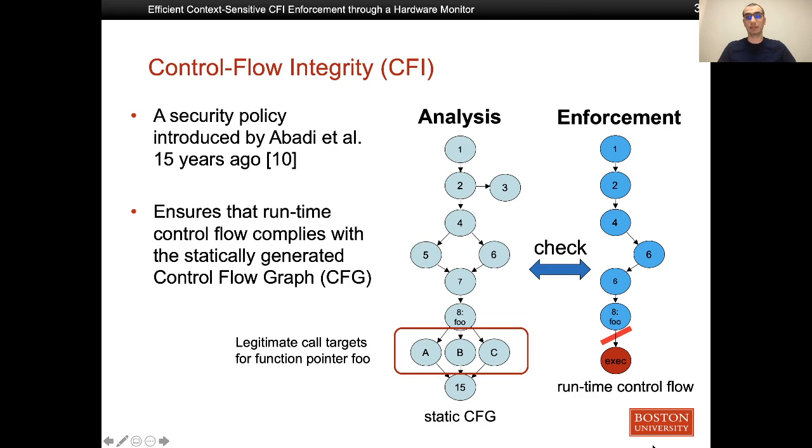For instance, in this example, you see that the function pointer foo has exec as a target, which is not legitimate based on the CFG. Therefore, the CFI policy will terminate this process.